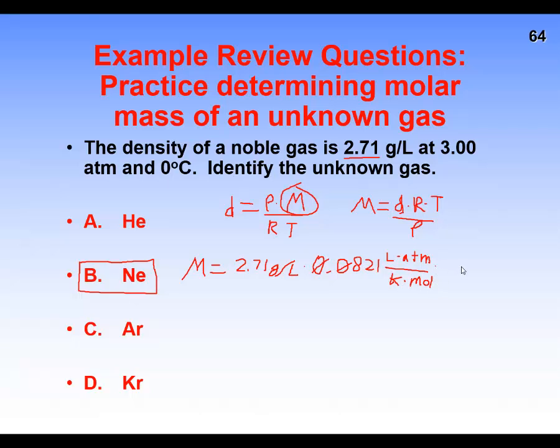And I multiply by my temperature. Temperature was defined as 0 degrees Celsius, but we need to convert to Kelvin. So I'm going to multiply by, in this case, 273 Kelvin. I'm dividing by my pressure in atmospheres. We said that the pressure was 3 atmospheres. So I have 3.00 atmospheres.